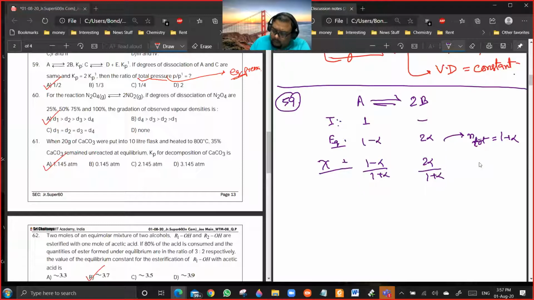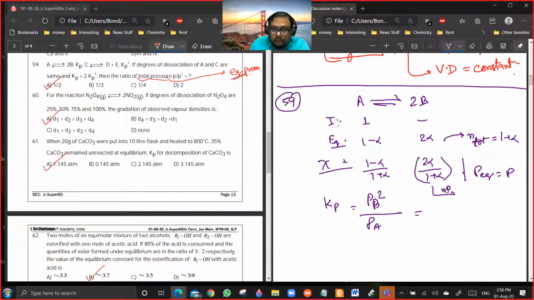The total pressure in the first case is P, the equilibrium pressure. What will be Kp? Kp is pressure of B square by pressure of A. The pressure of B is the mole fraction into total pressure.